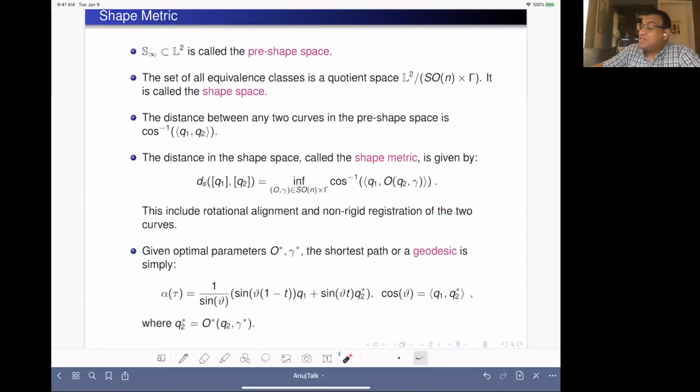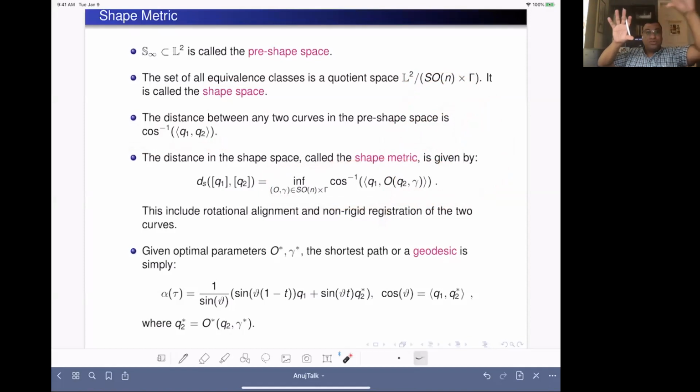But just like we were doing the alignment and the registration of scalar functions, we can do alignment and registration of these curves. There we only had time warping. Here we call it reparameterization, but additionally, we also have rotation. If we have two objects, we can rotate one to best align with the other object.